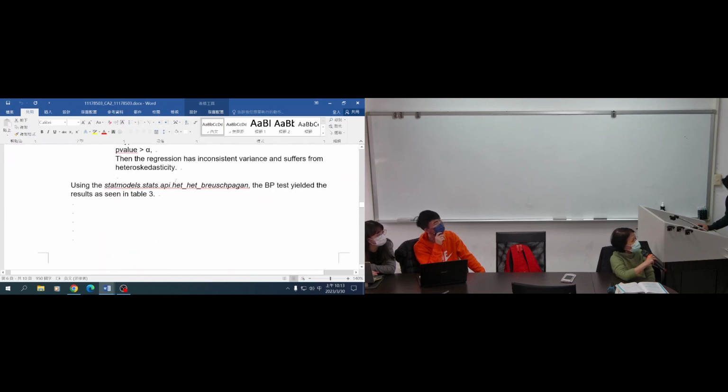I used this function. What is that? It's a Python library, Professor, a function from the statsmodels library. So I just created auxiliary regression models, Professor. Then the results are input in this function.